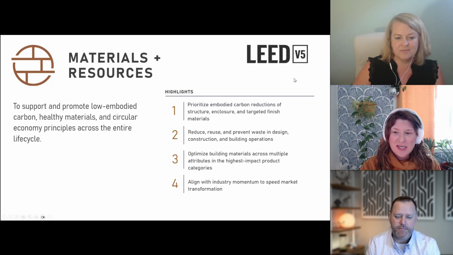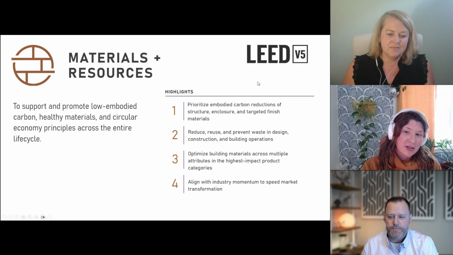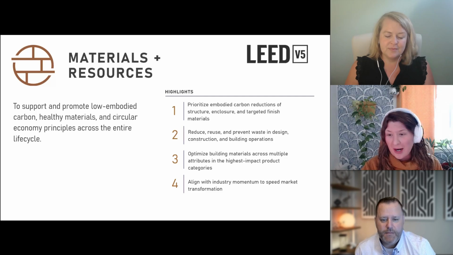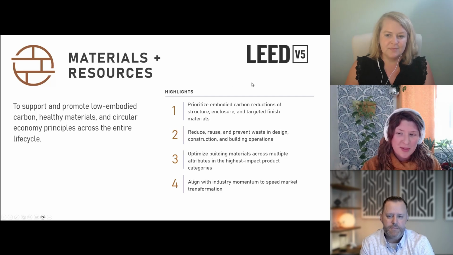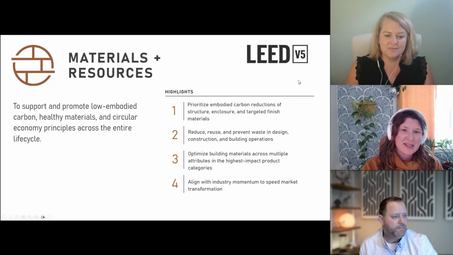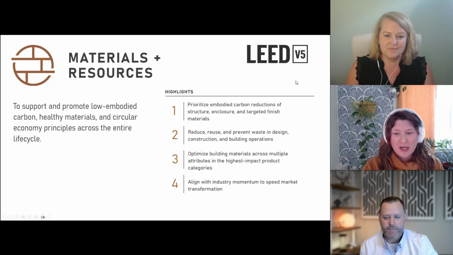As well as really understanding how circularity can drive the market for understanding highest and best use of materials, reusing our buildings where needed and possible, as well as we'll talk about the building product selection and procurement credit, but understanding how you can optimize materials all the way across their attributes. And additionally, we have really worked hard to align with the industry and where we're moving. So you'll see that throughout the rating system, as well as other industry efforts to speed market transformation.